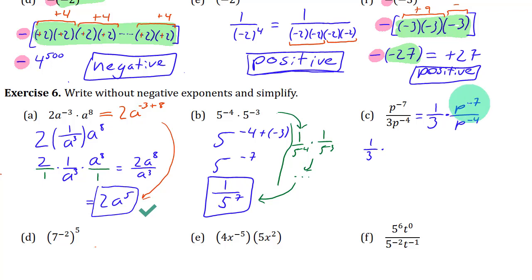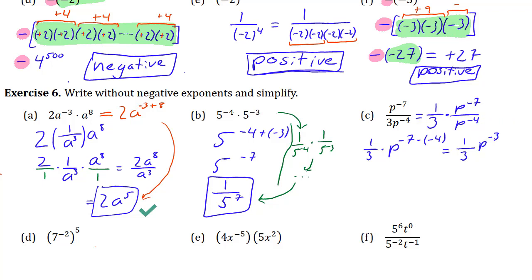Because when you have exponents in the top and bottom of a fraction with the same base of p, you subtract the exponents. So that will be p to the -7 minus -4. And that gives you -7 plus 4, which gives you 1/3 p to the -3.